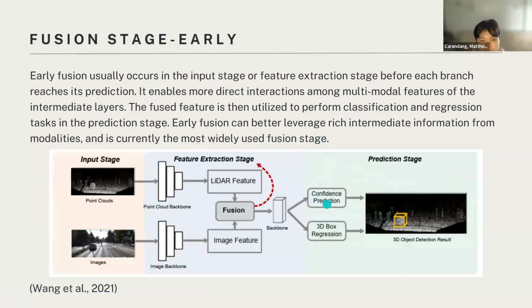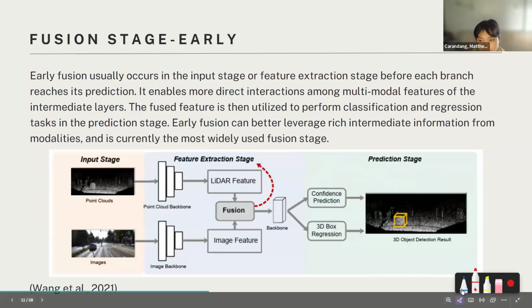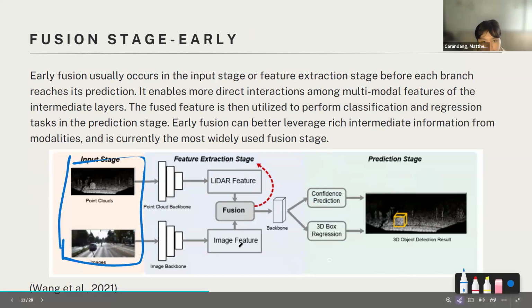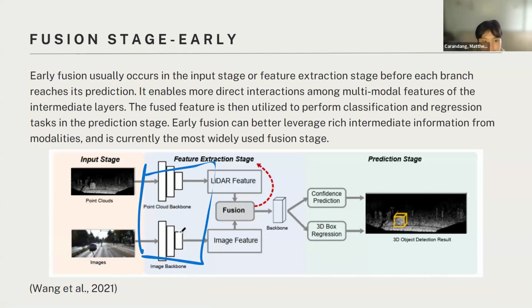Basically, the idea here is that we have an input right here, the raw data from images and point clouds. It's then transferred into the backbone, which processes these images or point clouds and extracts features from them.